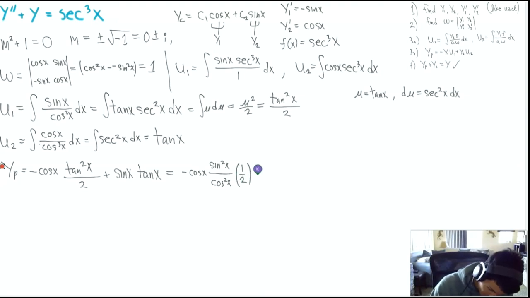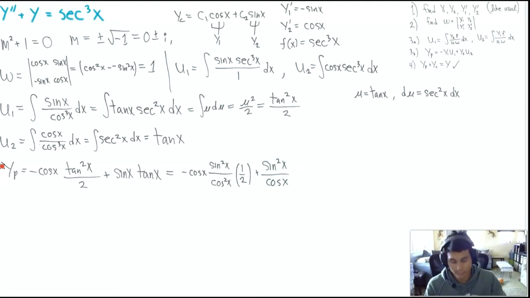Plus a sine cubed x over a, that's wrong, sine squared x over a cosine x. Okay, look at that.